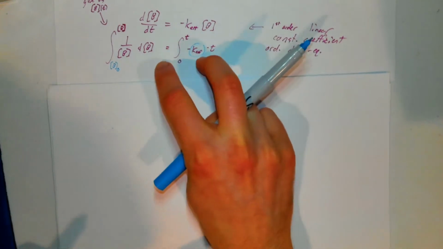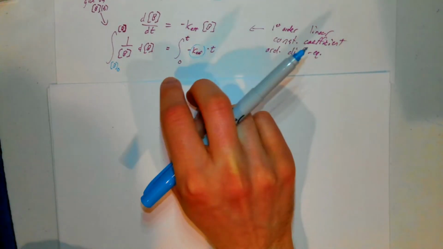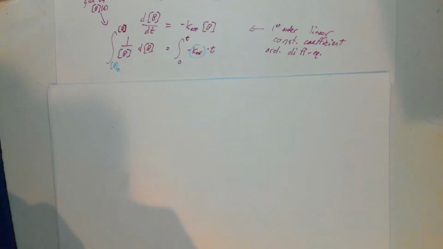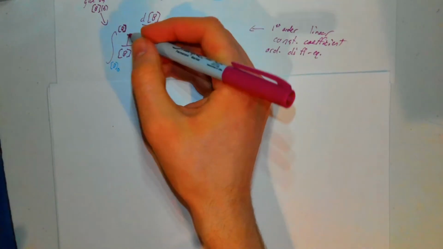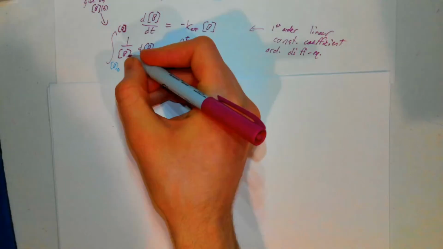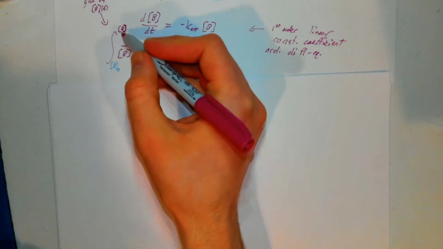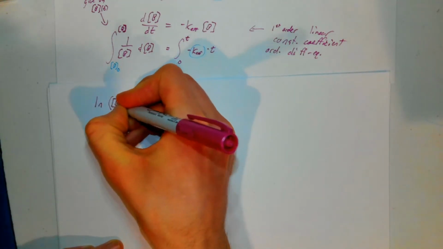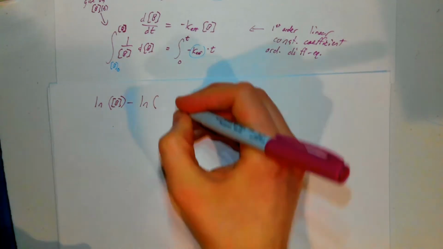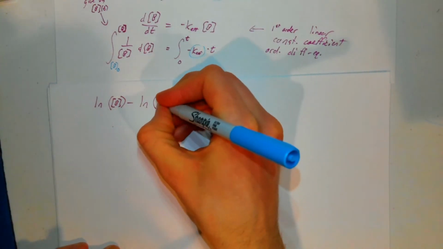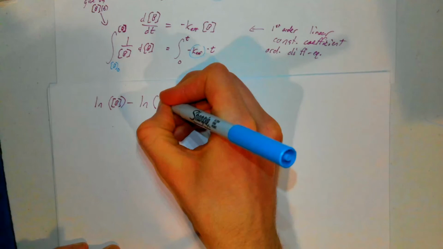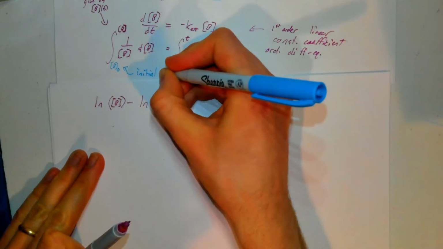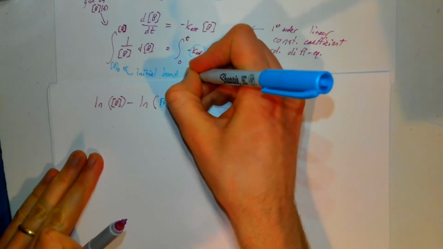So you could use Wolfram Alpha, you could dust off your high school calculus notes, or you could stay tuned for the next minute. But basically, what do we get here? If you integrate 1 over B, then you get the natural log of B. And if you sub in these limits of integration, we get the natural log of the concentration of bonds minus the natural log of B naught, which is the initial bond concentration.